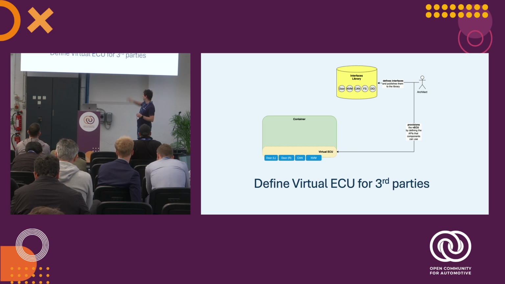They will just know they have an ECU, which is fully virtualized. So using the interfaces that we previously defined, we can define a virtual ECU and allow this ECU to tap some of the buses in the car, or some of the functions of the car. For instance, read the CAN, read non-volatile storage, and others.